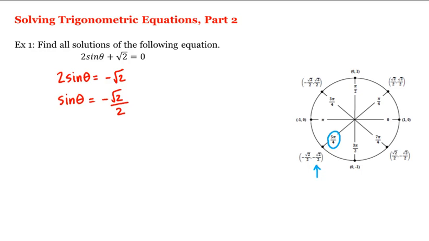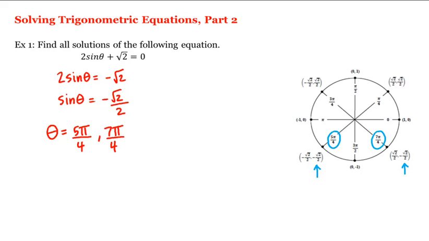And also over here in quadrant 4, the y-coordinate is negative root 2 over 2, which corresponds to the angle of 7 pi divided by 4. Which means both of these angles will have sine equal to negative root 2 over 2. So theta is equal to 5 pi divided by 4 and 7 pi divided by 4.